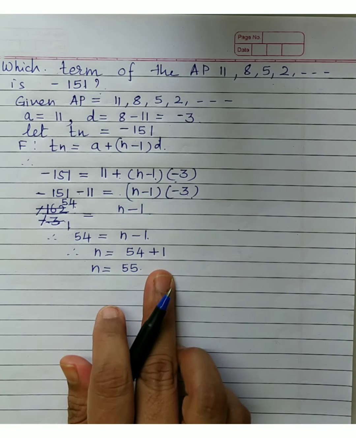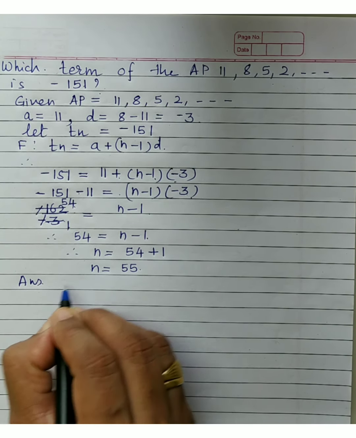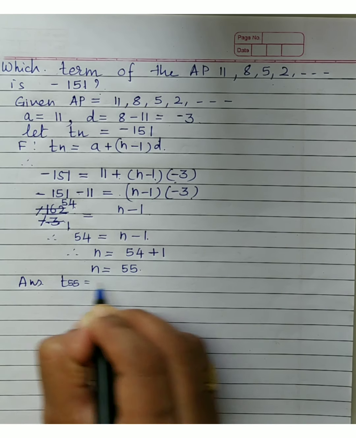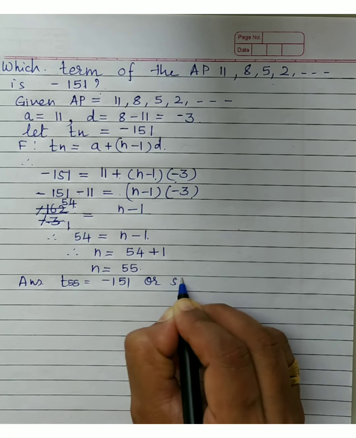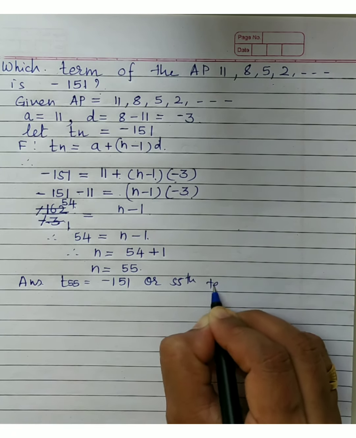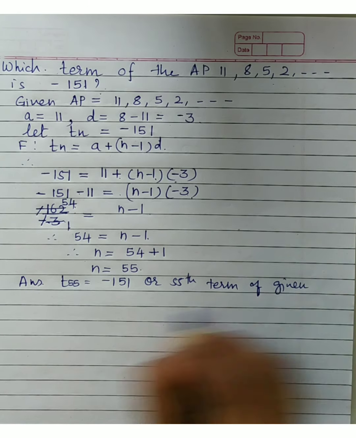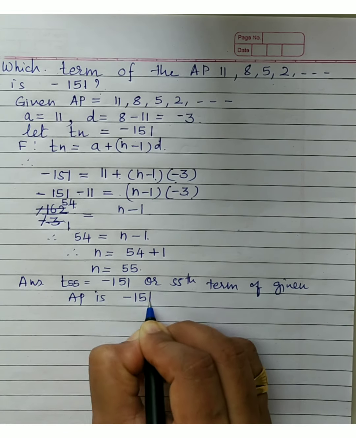So, 55th term of the given AP is negative 151. You can write as T55 is equal to minus 151, or 55th term of given AP is minus 151. Followed?